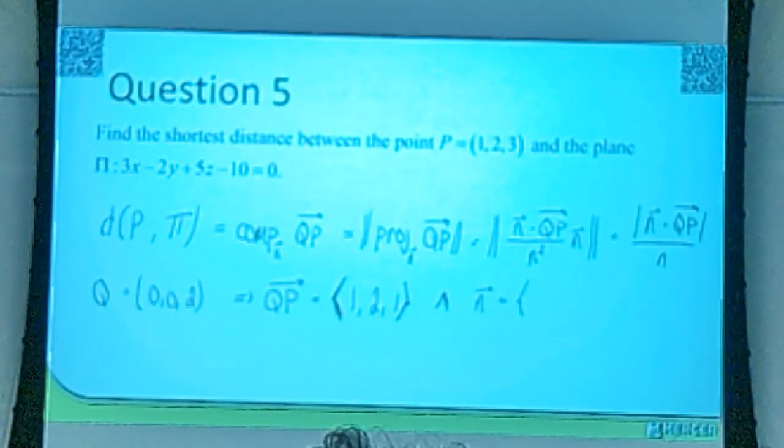What is the normal vector? You know, I think 0, 0. The vector normal to the plane.